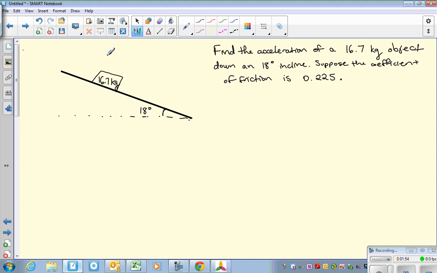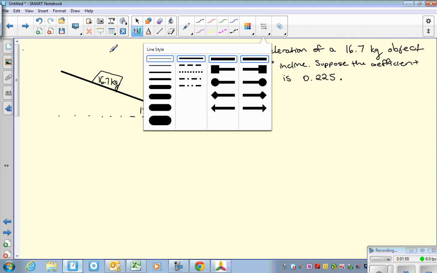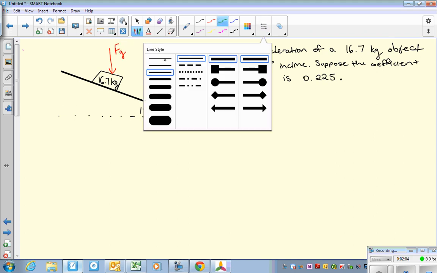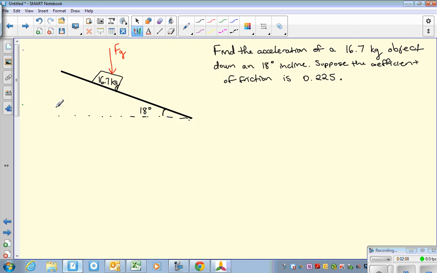We want to get those in here. So the force due to gravity always acts straight down. I also know that I have a normal force, which is going to be perpendicular to the surface. So if my surface is here, imagine taking a 90-degree angle to that, so basically there.